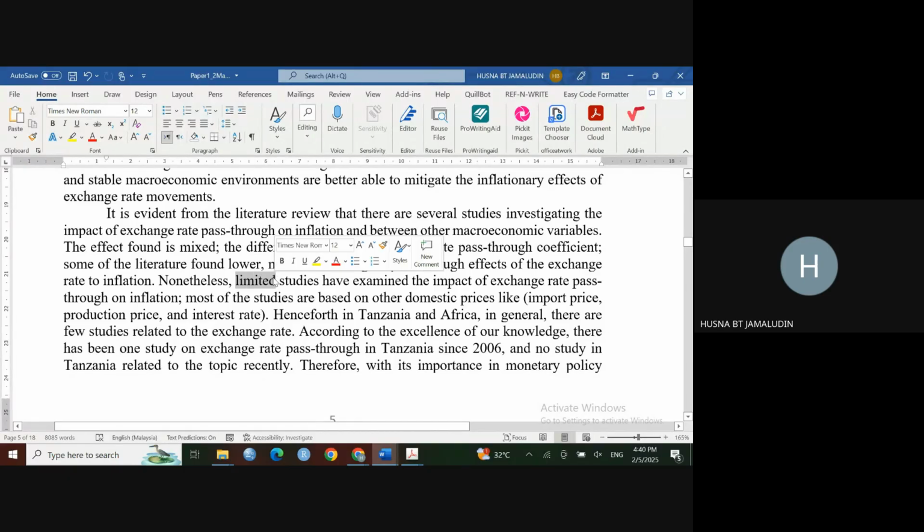The problem with the students is that you have your argument, you have your point, but you didn't back it up with a citation. So you're saying limited studies. Which study? So you have to put it here, okay, to support your argument. Let's say you said limited studies, but even though they have studied Tanzania, maybe their coverage is different from your coverage.